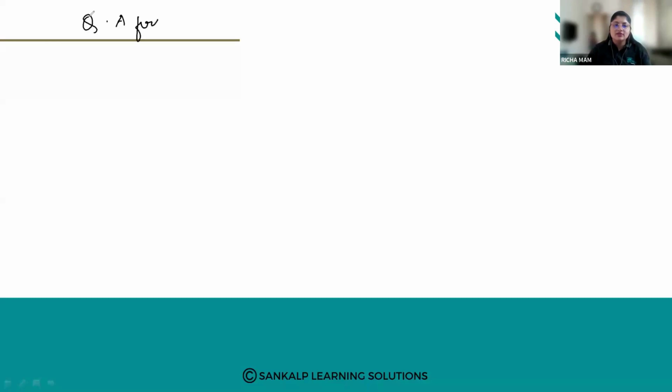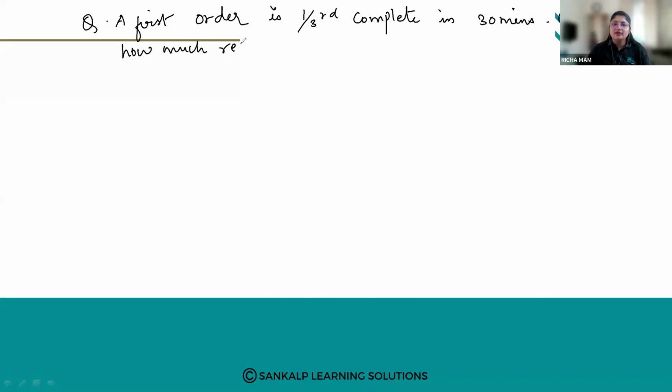A first order reaction is 1/3 complete in 30 minutes. Calculate how much remained after 90 minutes.